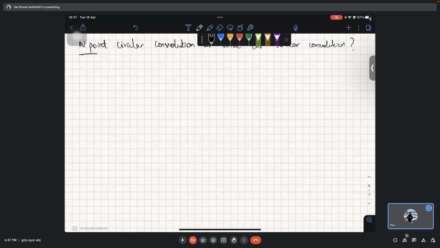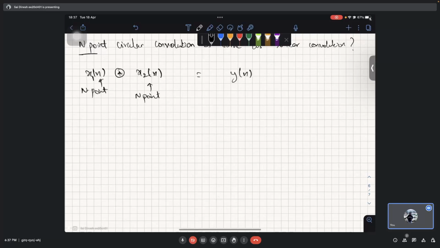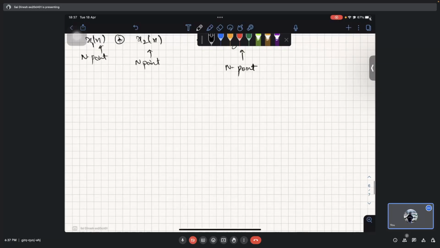So x1 of n circularly convolved with x2 of n gives rise to y of n, which is N-point.